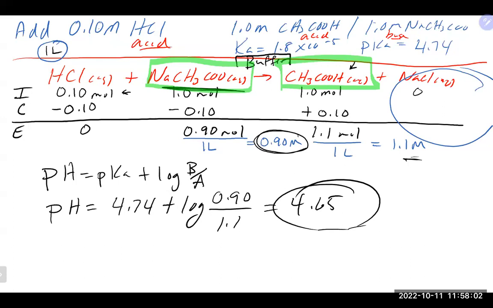So earlier we were talking about the idea that there is a limit to buffer capacity. So let's just say we took this same buffer system and we made a mistake when we were doing the experiment. I'm sure that would never happen, but let's just say that happened.